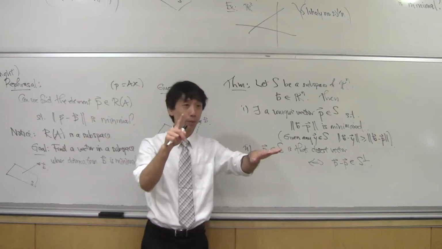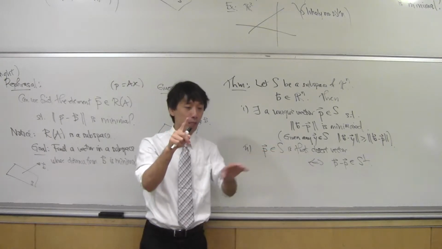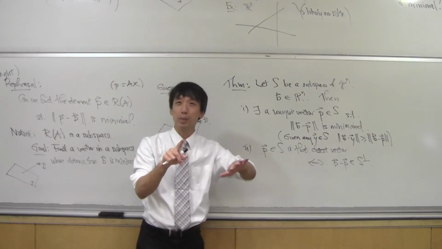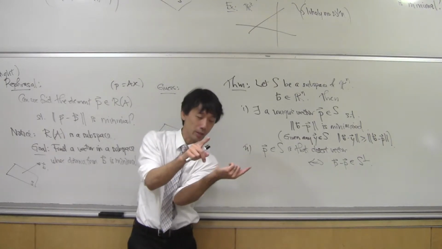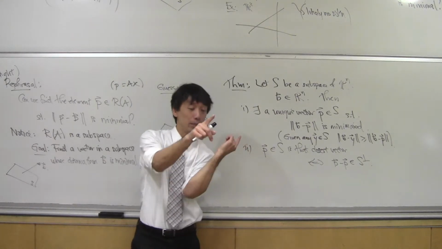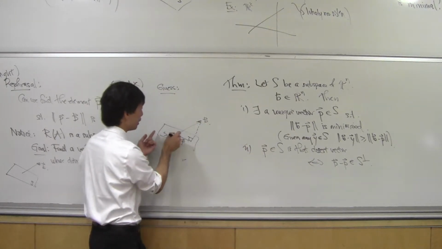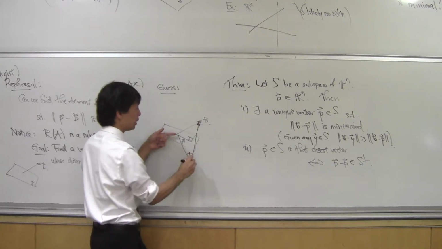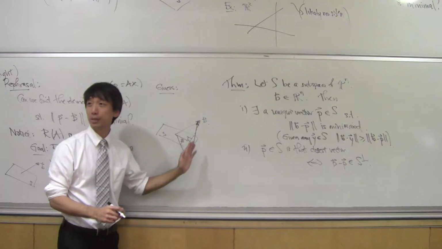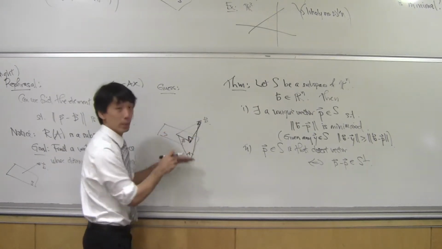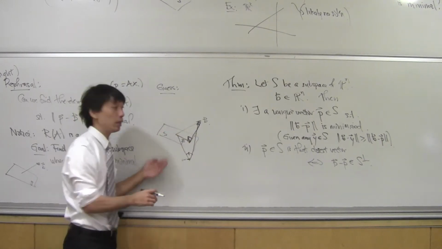And the way you get it is by looking for the vector in the subspace where the difference is orthogonal to the subspace. So I don't want somebody like this, because then the difference is no longer orthogonal to the subspace. I want the guy where the difference is perpendicular to the subspace itself.